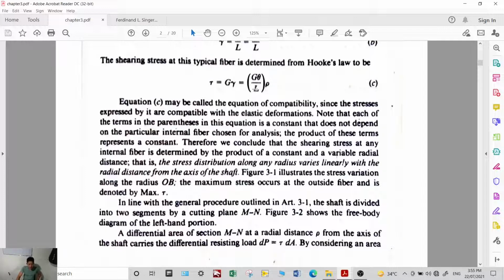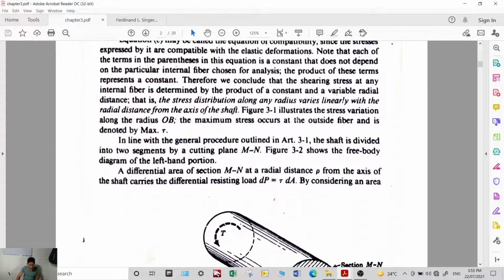So how do we get the value of this theta?